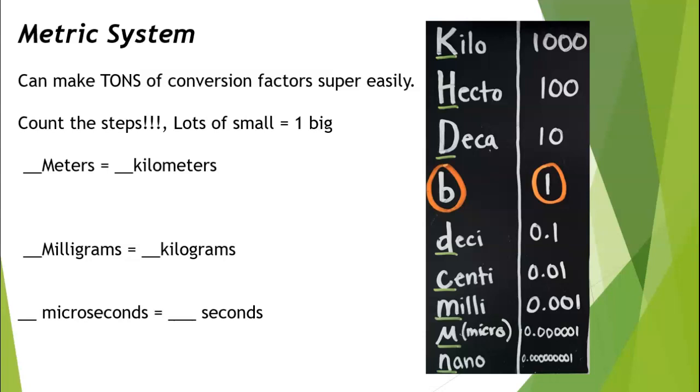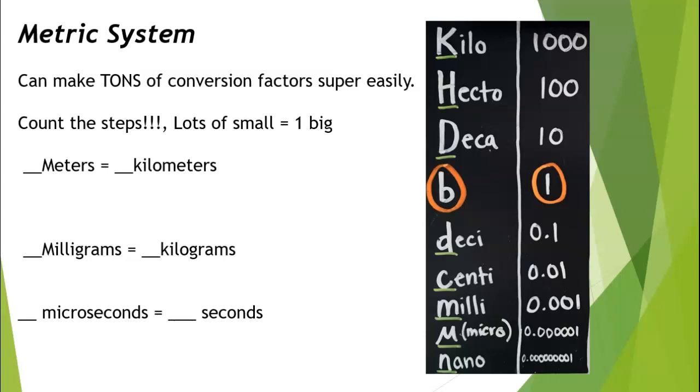We add prefixes to our base units, meaning meters or seconds or grams, and we can make those units bigger or smaller by a factor of 10. So, to figure out how many of a base unit equals a bigger unit or a smaller unit, we can just count the number of steps between the units.